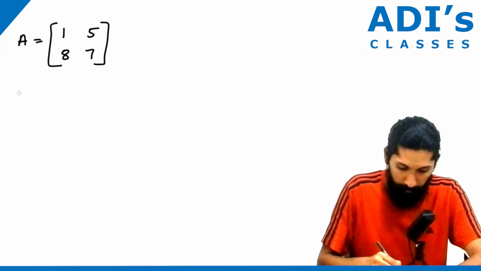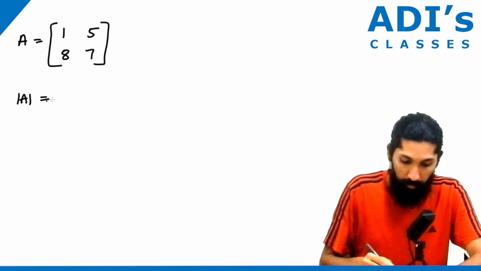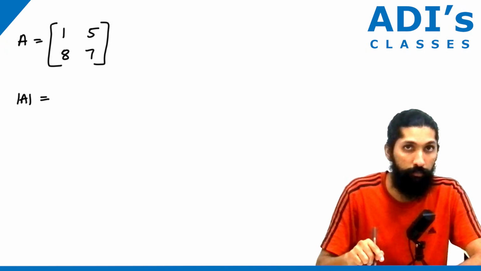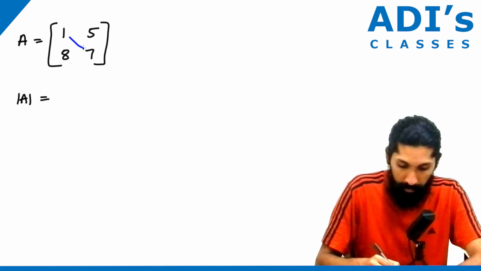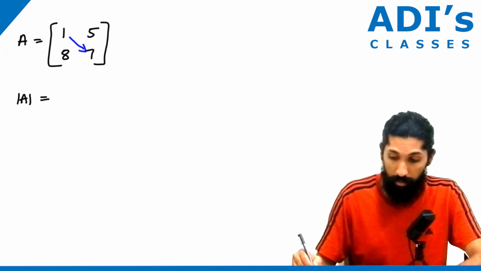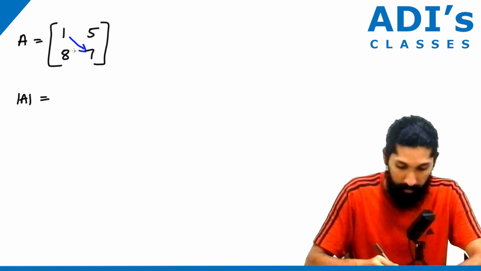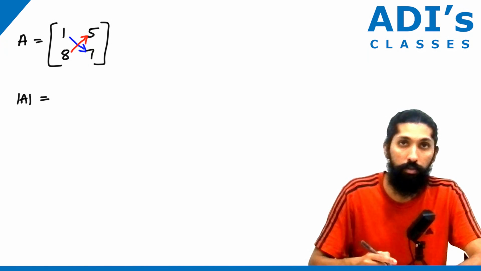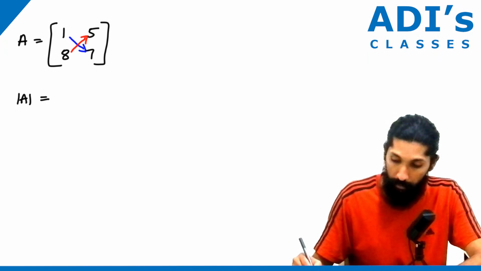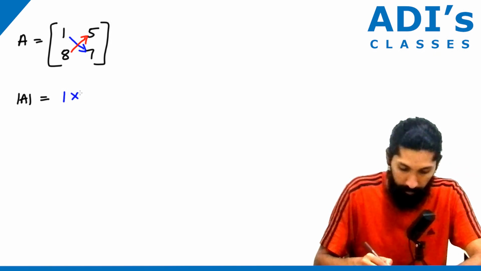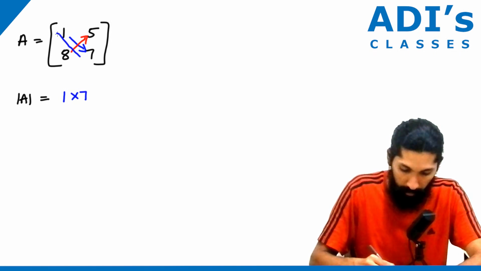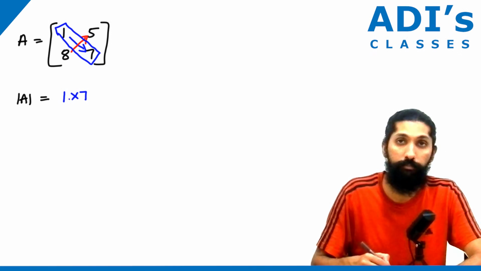So determinant of A becomes, remember we started off with A11 into A22. In the sense we calculated this into this. Multiply these two. And then after that we did this into this. Multiply these two. Subtraction, isn't it? So in the first case, we take 1 into 7. That means in the beginning we take this 1 into 7.